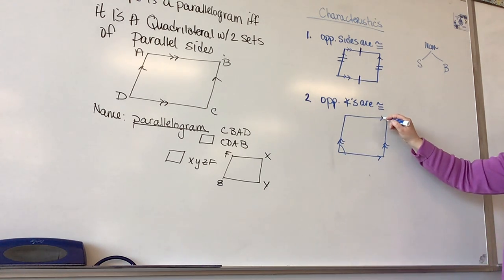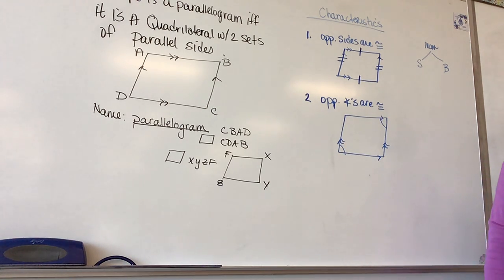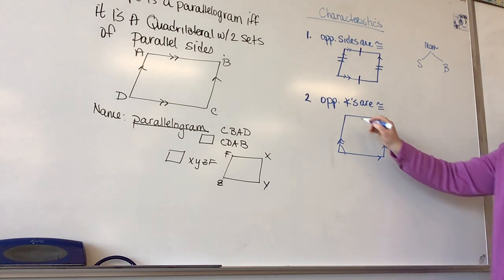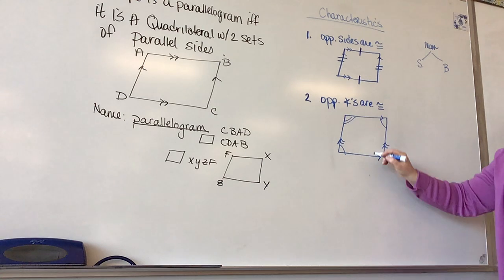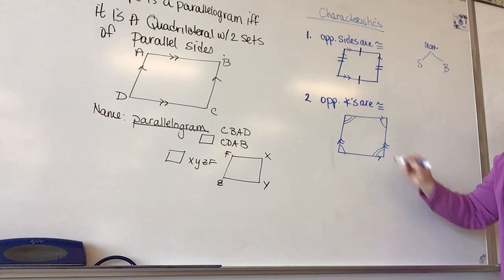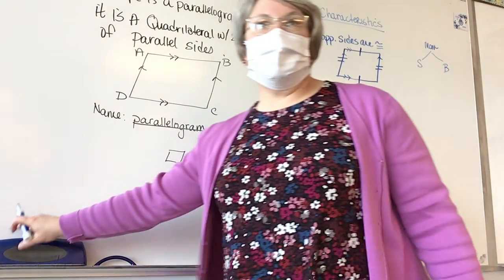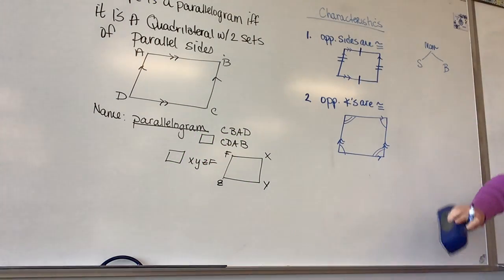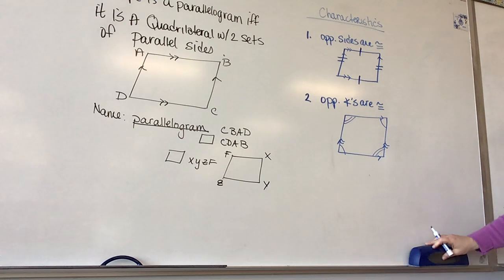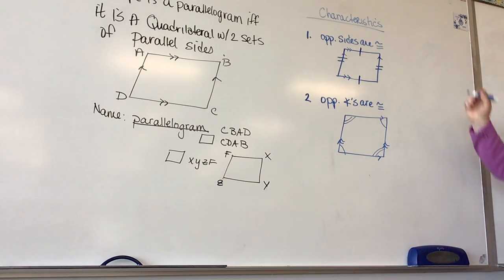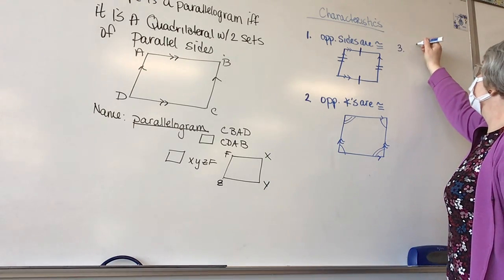So this angle is going to be congruent to the opposite angle. And then likewise, 2 arcs and 2 arcs. How's opposite angles congruent? Okay, number 3.